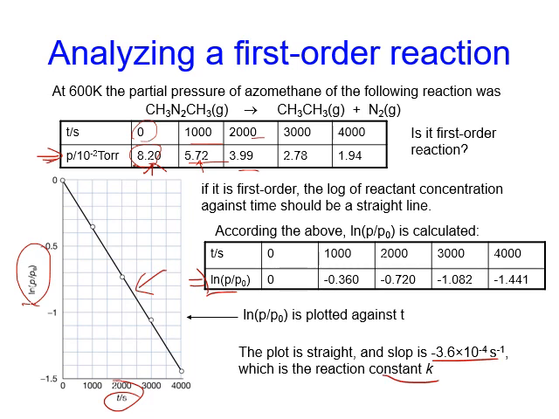Remember, the natural log of concentration over time being linear is only valid for the first order reaction. If it's a second order reaction, this is not linear. You will see that not the natural log, but the inverse concentration as a function of time is linear for a second order reaction.